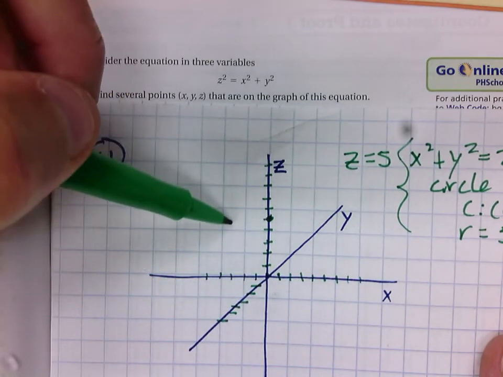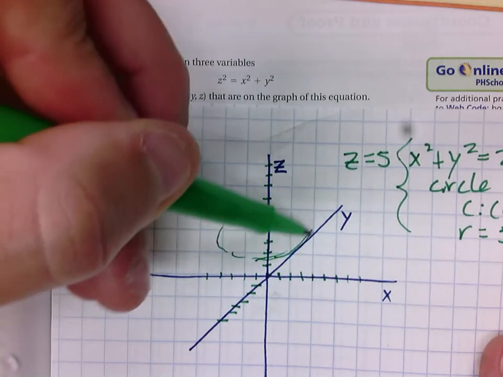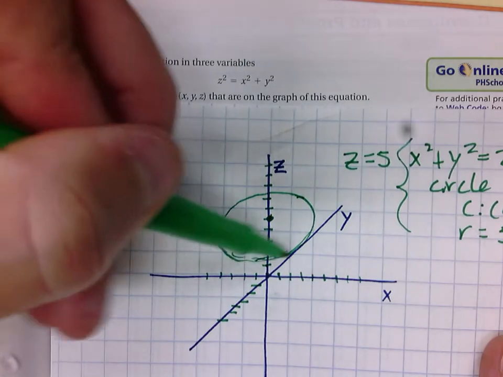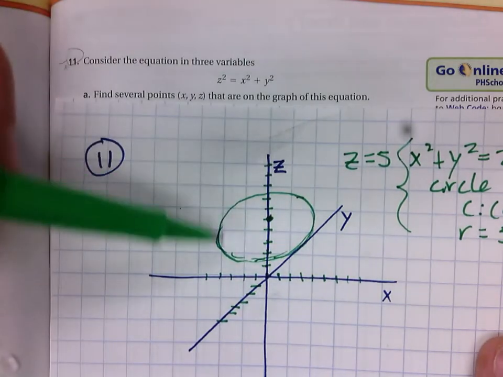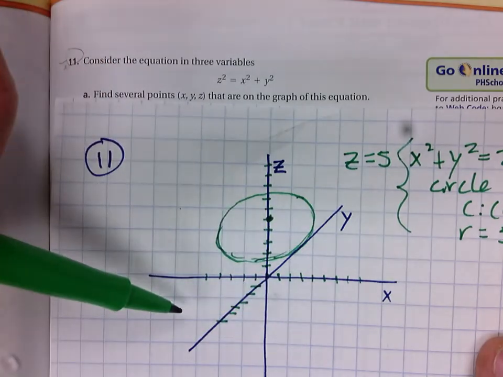Okay, but it's up here. It's hard to draw this perfectly, but essentially we have a circle out here with radius 5 in 3 dimensions, and it's essentially horizontal, parallel to the xy coordinate plane.